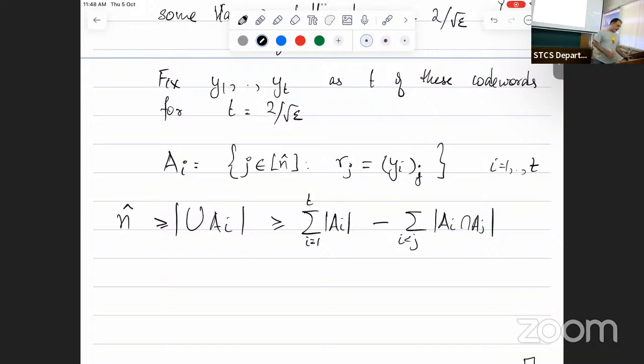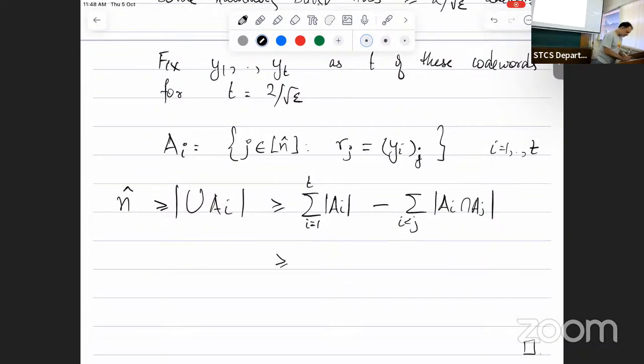And what do we know about the first term? Let's look at one such A_i. What's the size of that A_i? That's a statement about the agreement that the received word has with that specific code word. Now, this code word is in contention only because it's within this Hamming ball of radius 1 minus epsilon prime. So the agreement must be at least epsilon prime.